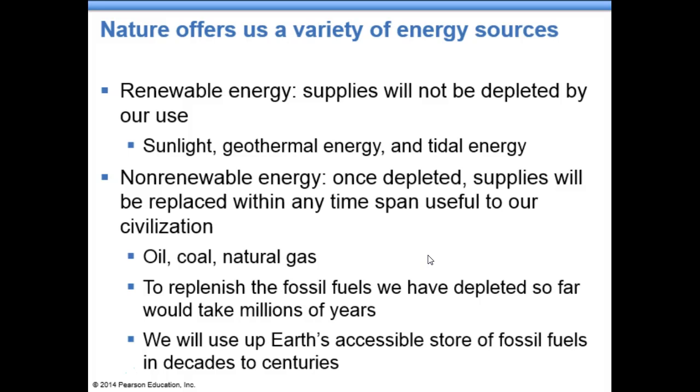And right now we are consuming so much that it would take millions of years in order to replace the fuels that we've used. Our accelerating rate of consumption, they're estimating, will use up these fossil fuels within just a few decades. So for this reason, we have to look at alternative sources to power our cars and to provide electricity for our homes, and it needs to be renewable energy.